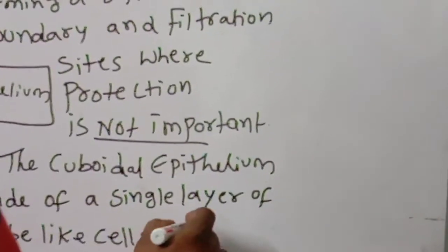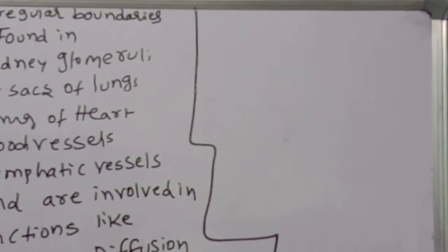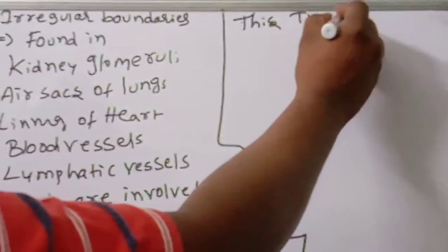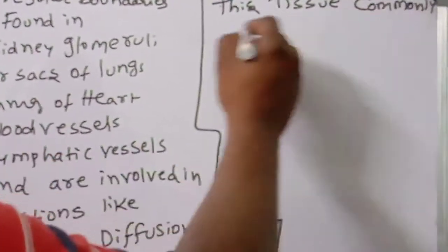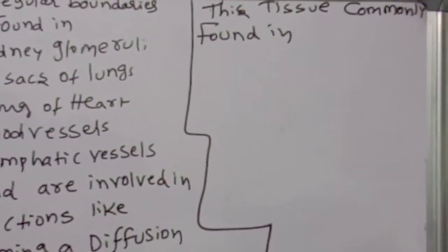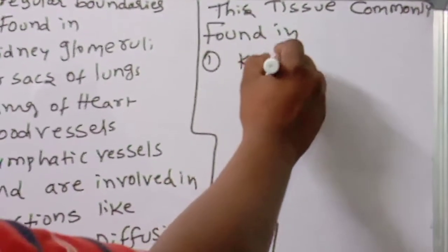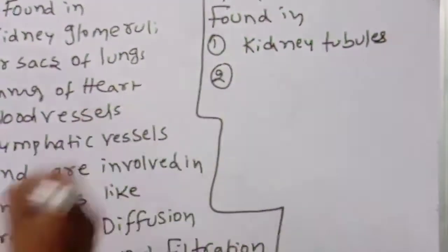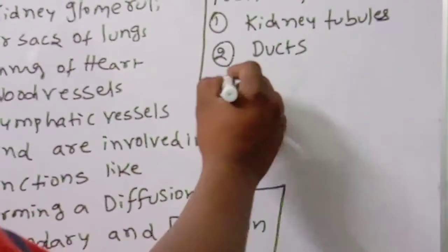This tissue is commonly found in, number one, kidney tubules. Number two, ducts.